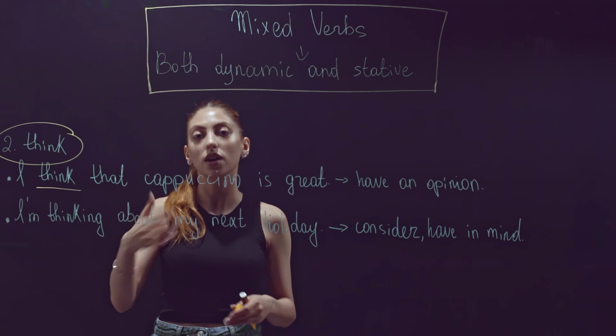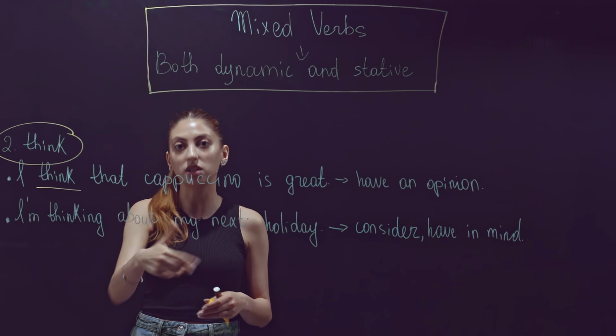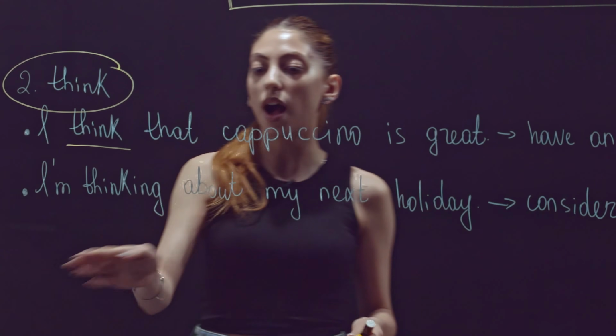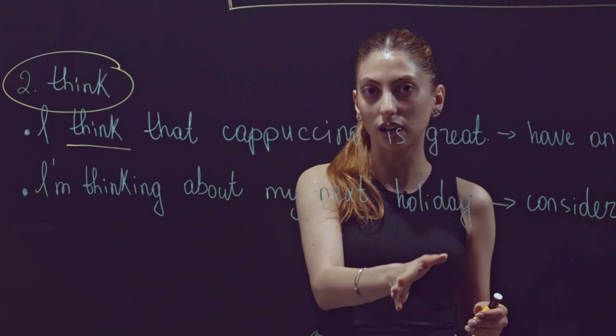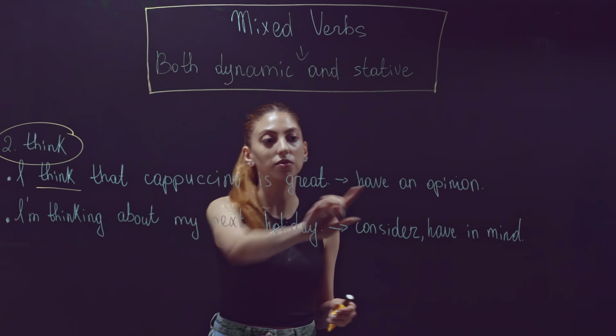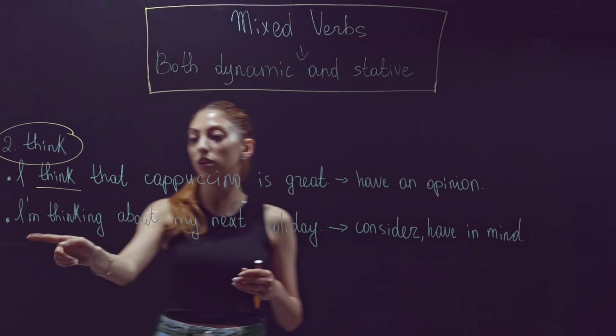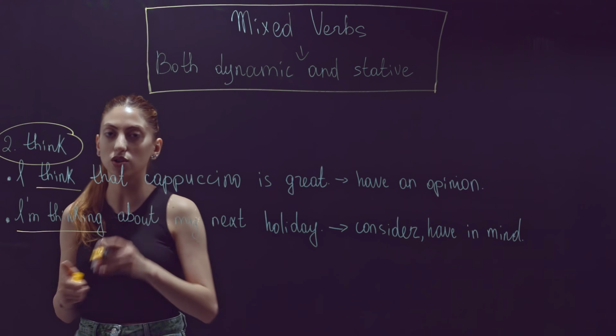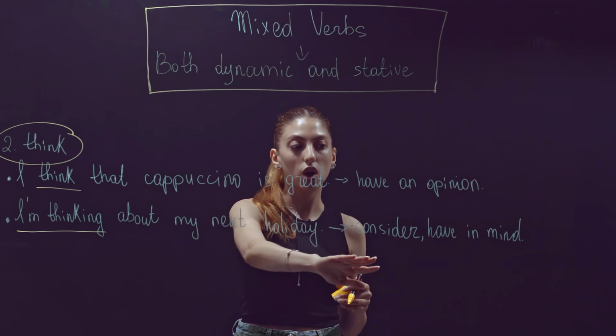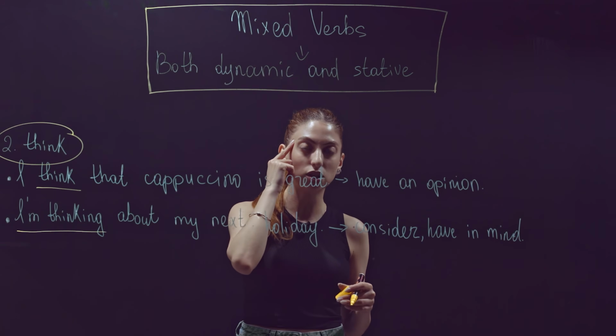In the second case, when I use a stative verb as a dynamic verb, for example, "I'm thinking about my next holiday," we don't have the same meaning. The meaning is changing, and "I am thinking" we can translate as I consider or I have that idea in my mind, okay?